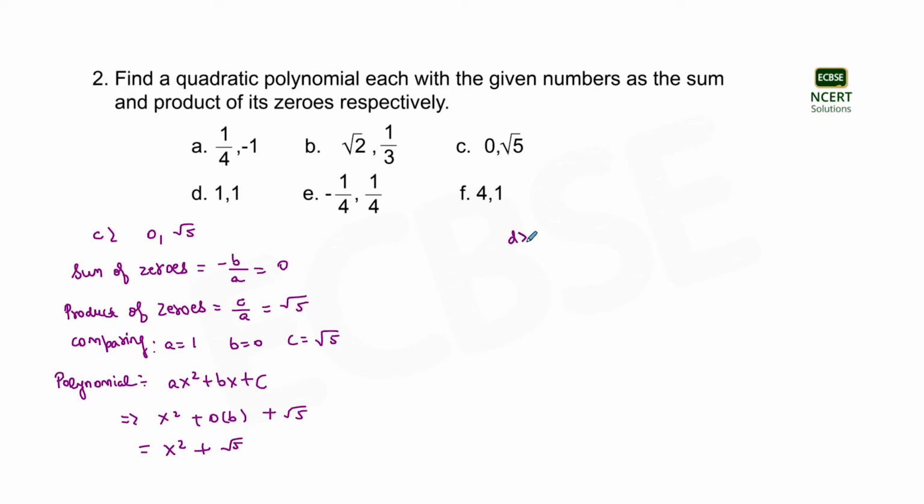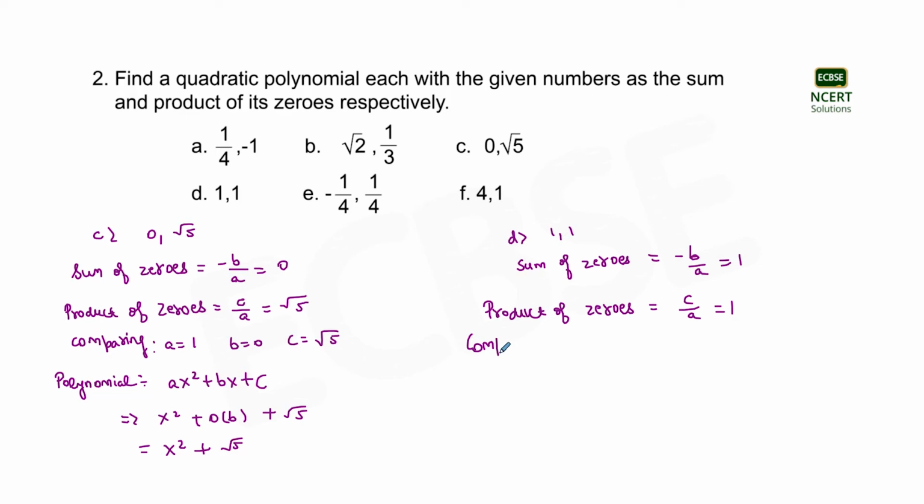Now coming to the D part of the question, here the numbers provided are 1 and 1. So sum of zeros, which is equal to -b/a, is equal to 1. Product of zeros, which is equal to c/a, is also equal to 1.